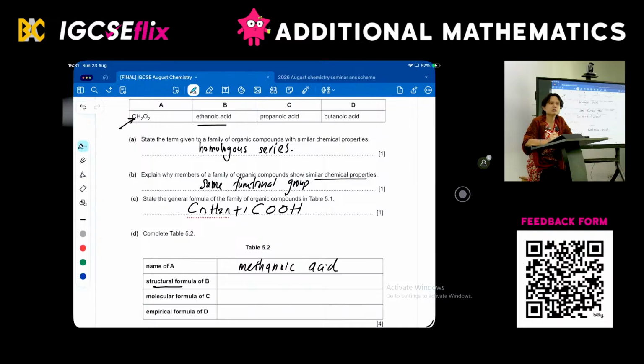Structural formula. Structural formula is not the one you draw. The one you draw out is displayed formula. Structural formula is you write out how it looks like, CH3CH2CH2CH3 like that. So ethanoic acid looks like this. Okay, this they're asking for propanoic acid. Propanoic acid looks like this. Sorry. Wrong question.